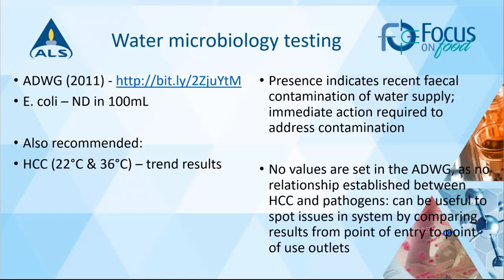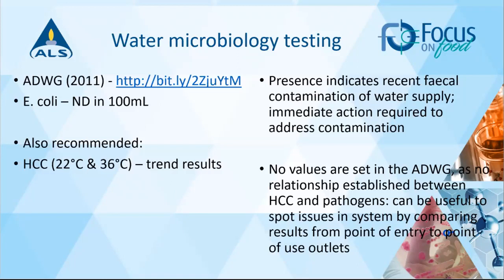You do that with a water sampling plan. Testing for E. coli is the key microbiological test required to demonstrate that the water supply is under control, and E. coli should be not detected in 100 millilitres of water. This is the only microbiological test that's recommended in the Australian Drinking Water Guidelines, from which this limit is taken.